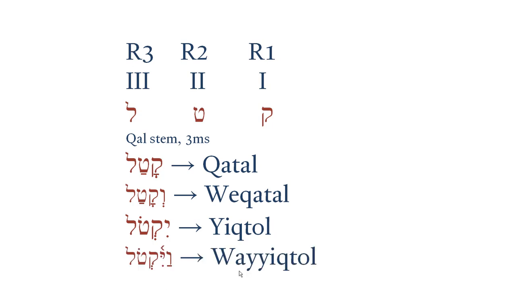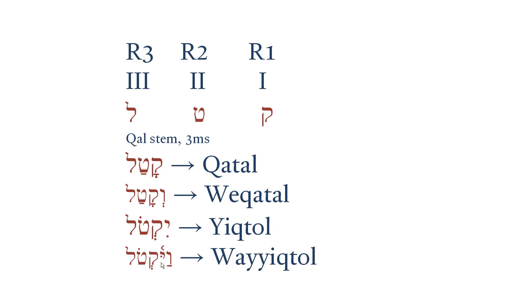And the last one that we'll look at here is the Wayyiqtol. It has a vav with a patach and then a doubling of that prefix letter, in this case a yod. Notice the dagesh forte. Also notice that the accent has shifted back to the second to last syllable.